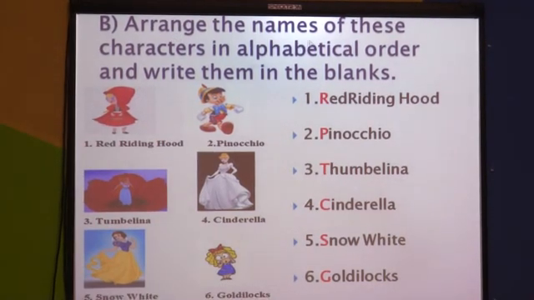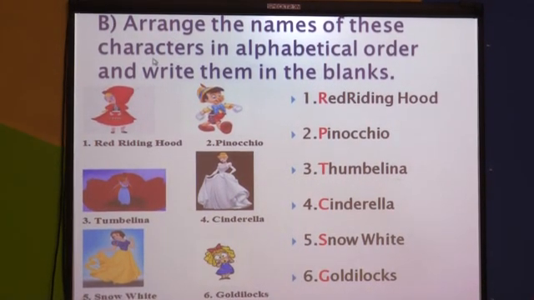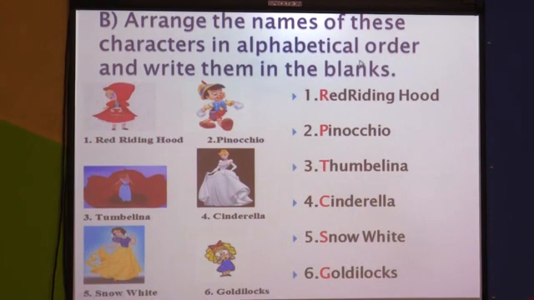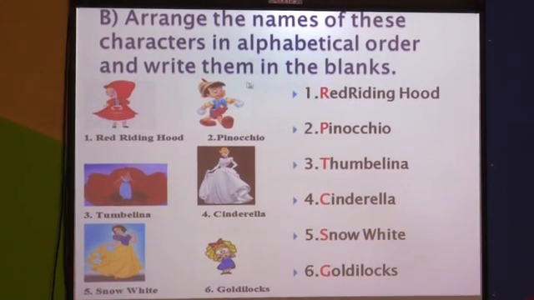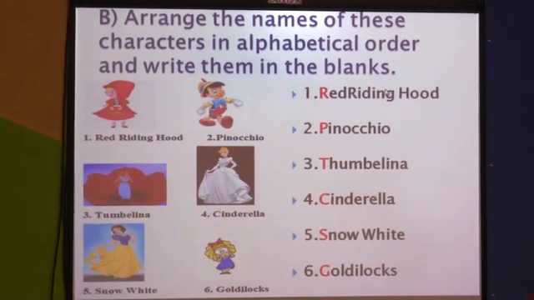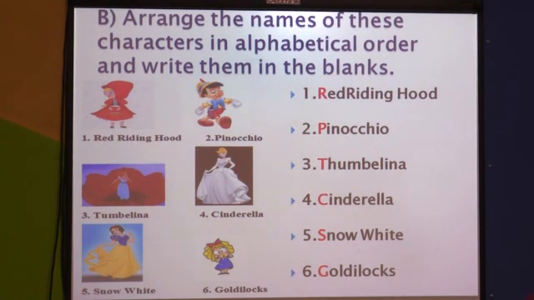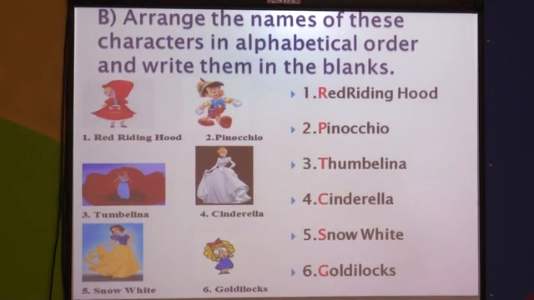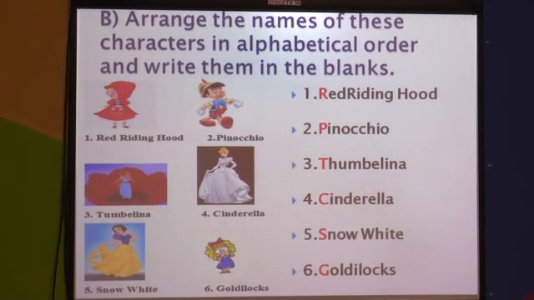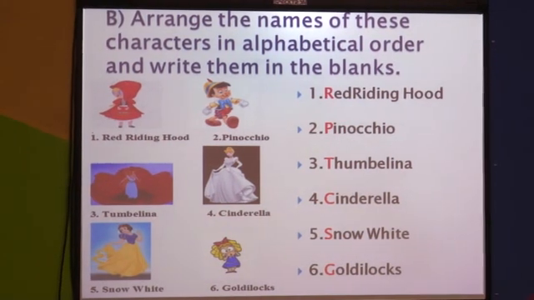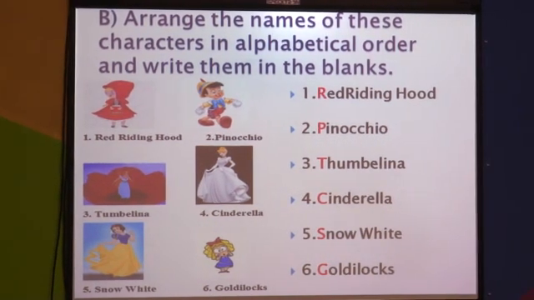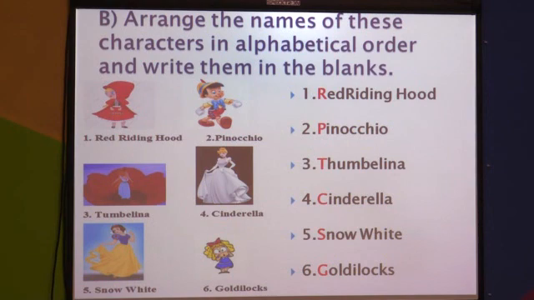Arrange the names of these characters in alphabetical order and write them in the blanks. You can see in your textbook that the pictures are given downside, and below each picture the name of that character is given, and at the end it has given dots, meaning there you have to write the answer.